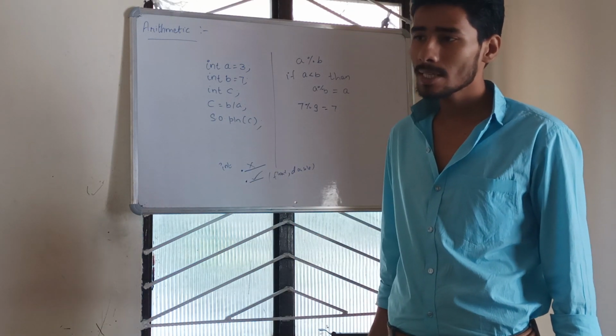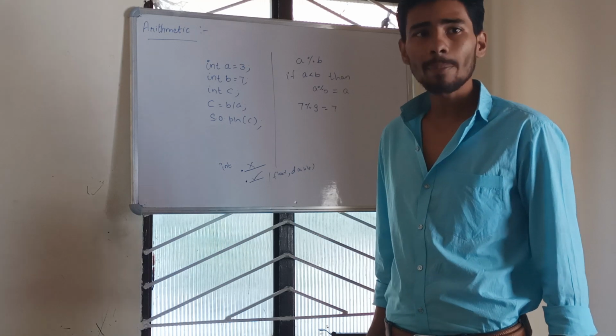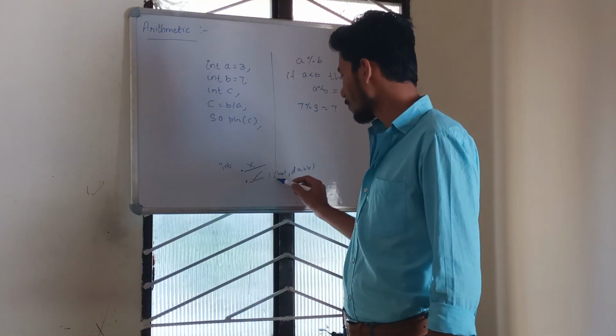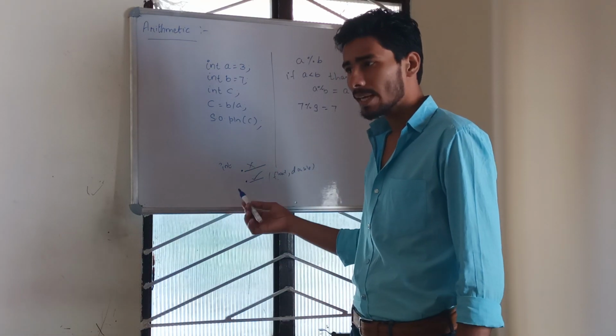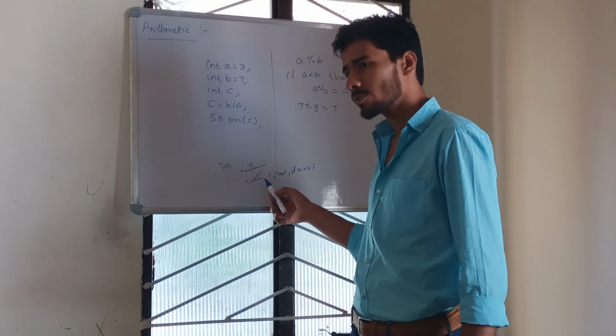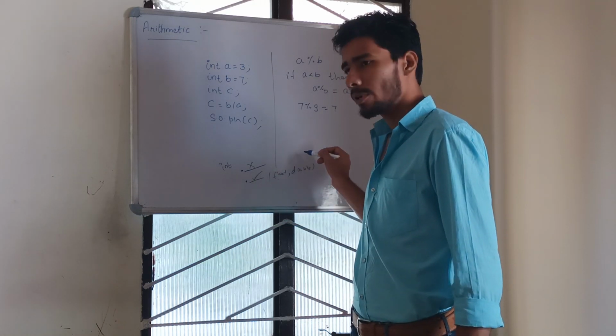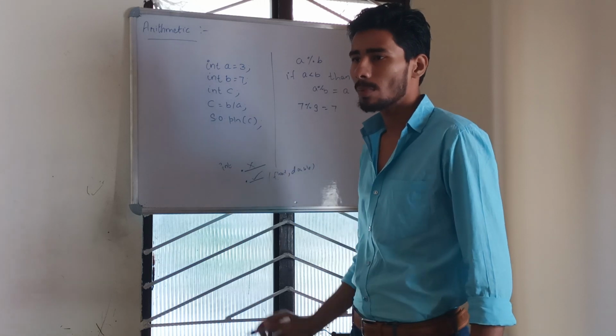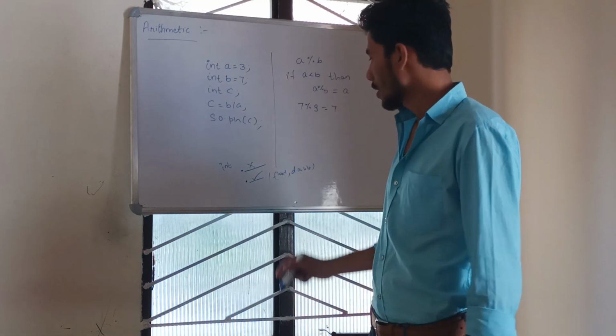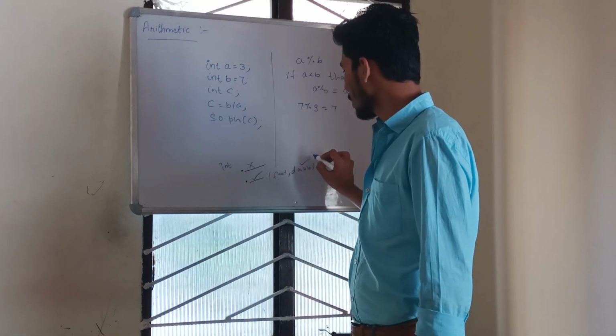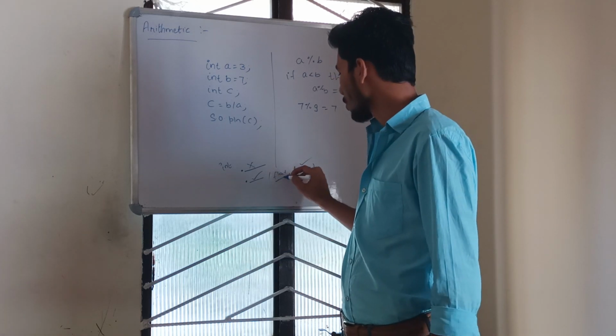Double will also give decimal values, but depending on the size we go for float or double. If we want 7 values after the point, then float. 14 values, then double. If you want more precision for your answer, go for double. If you want less precision, go for float.